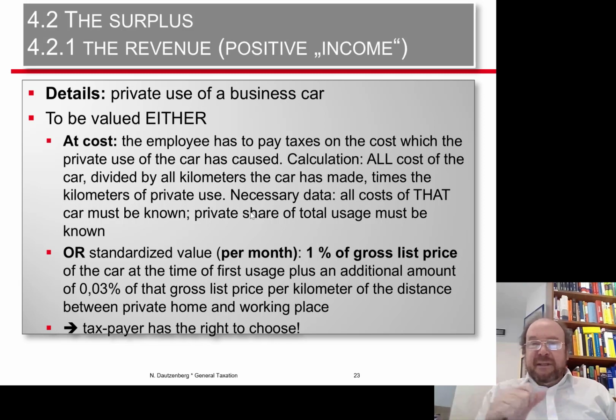And if the calculation is not exact, you are confronted with that 1% rule. You have the right to choose, so you can decide, even if you have made an exact cost calculation, to throw it away and choose the 1% standardization solution, although you have to stick to your choice for a certain time.